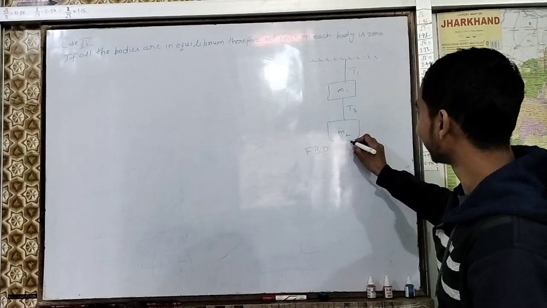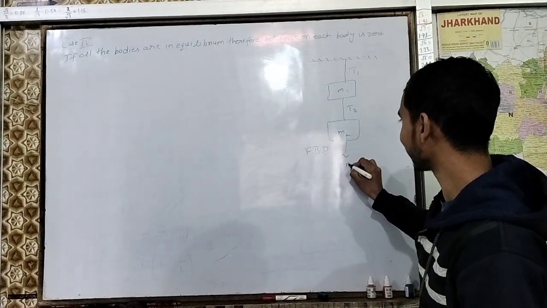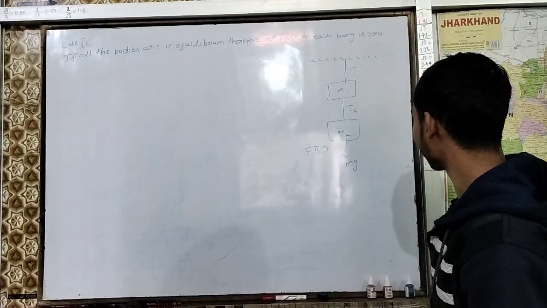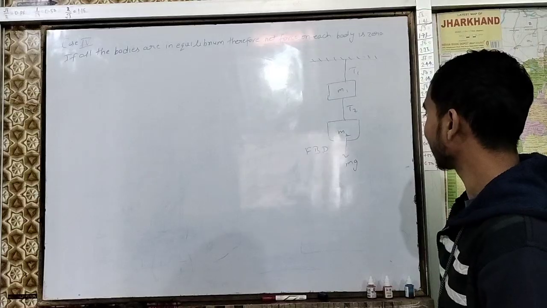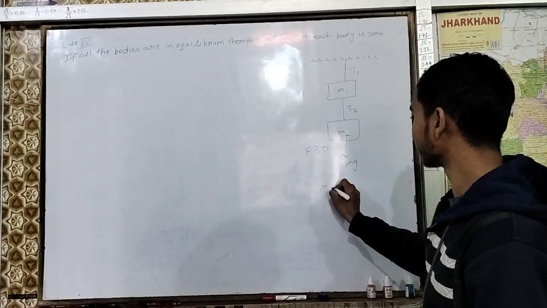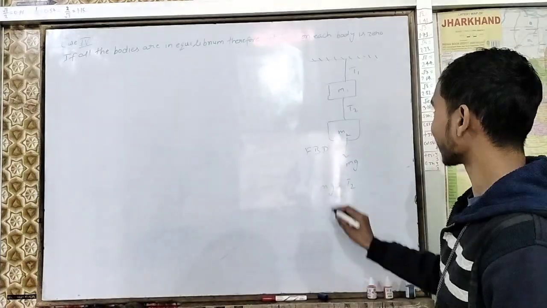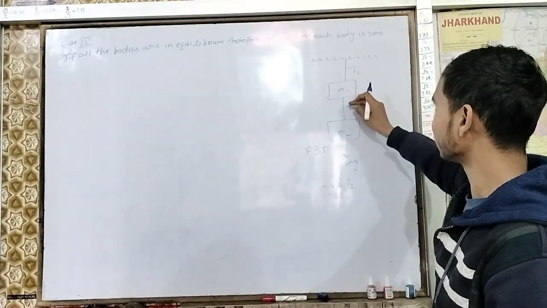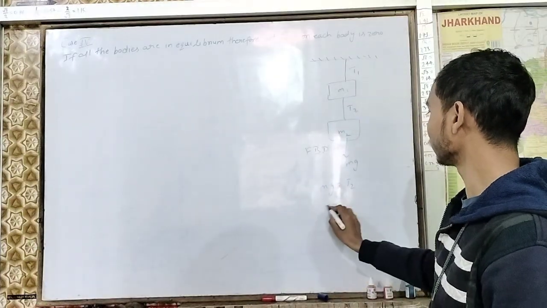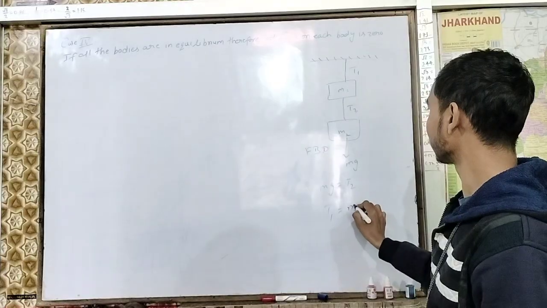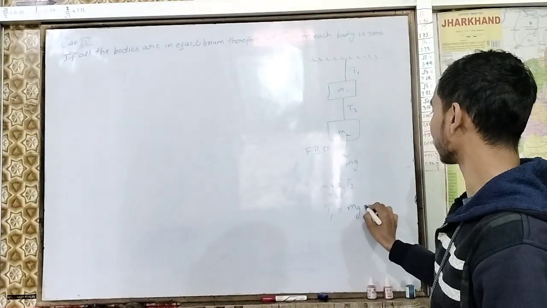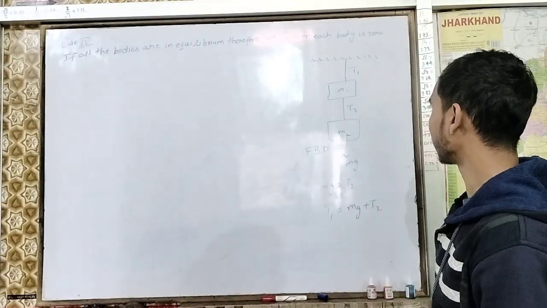Over here it has M2g. Clear? Can we write M2g is equal to T2? Same thing can be written as T1 is equal to M1g plus T2. Am I right?